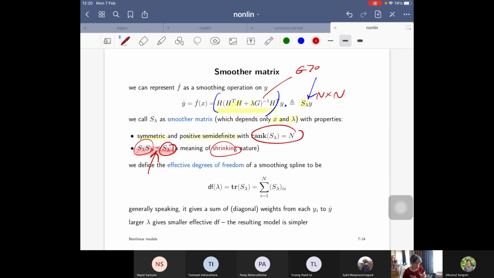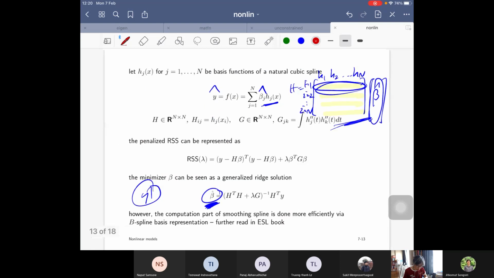Which means when we solve the smoothing spline, people define the degree of smoothness via lambda. For each lambda, you get a smoother matrix. Now we know that the solution beta depends on lambda in this way. And we sketched previously that when lambda is big, beta hat is small. So when lambda is big, f is more smooth.